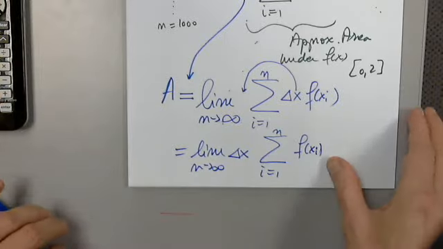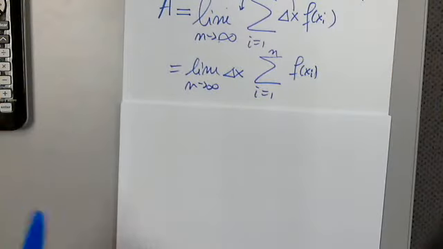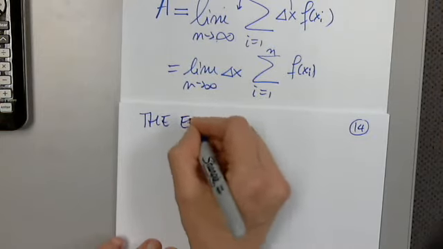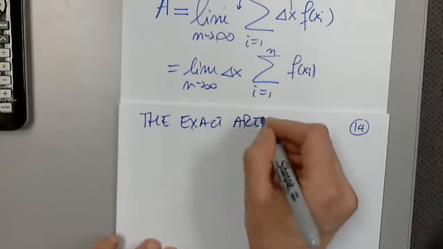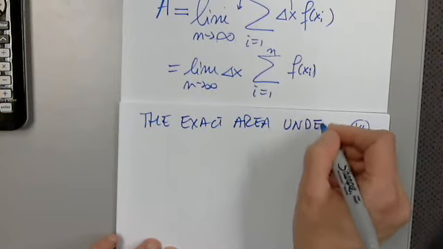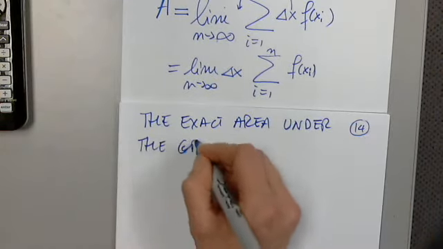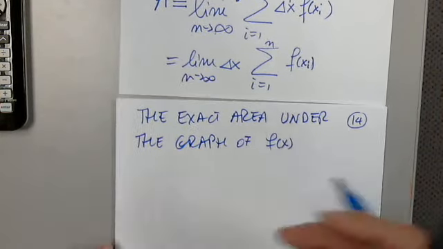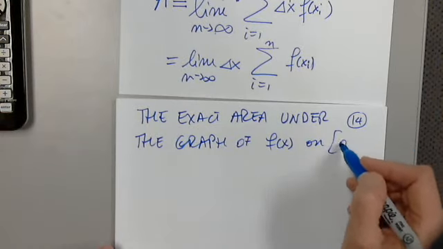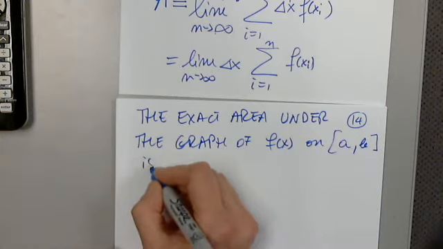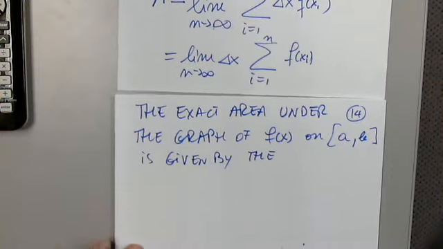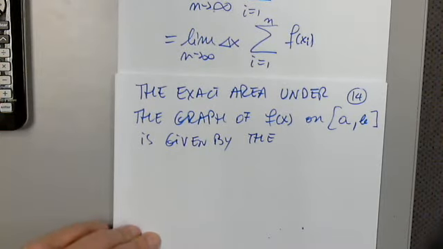So, one sentence we have to write before we look at our first example. The exact area under the graph of f of x on the interval a comma b is given by the what?